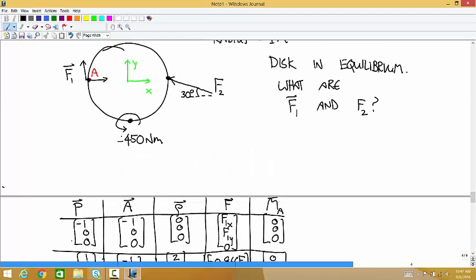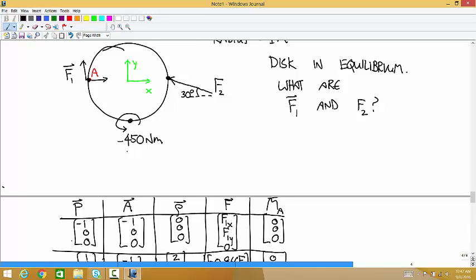And then the last load we have to deal with is this couple of -450 Newton meters. If it's producing a rotation, well, the symbol is showing that this is negative. Like the sign convention says, a positive value of the couple would be a moment in this direction.